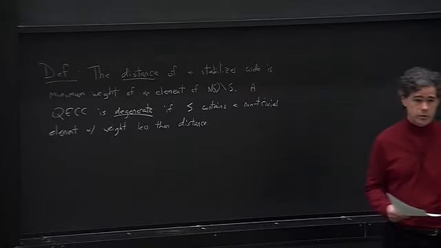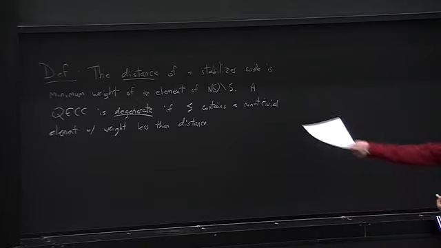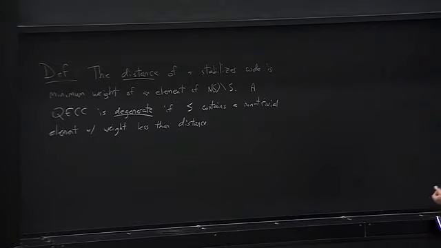Otherwise, it's a non-degenerate code. OK? And so this is just saying that if we get this case where you have two errors that are doing the same thing to code words, it's degenerate.